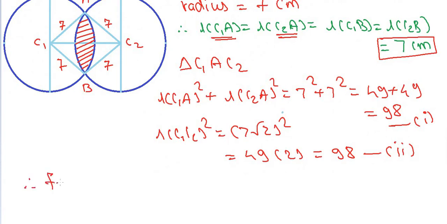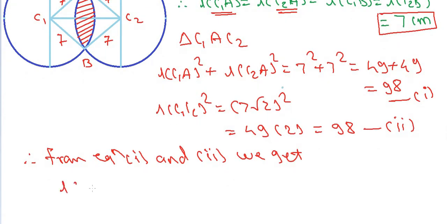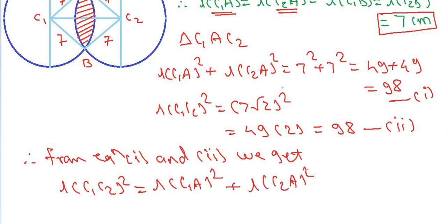Therefore, from equation number 1 and 2, we get C1C2 squared is equal to C1A squared plus C2A squared.